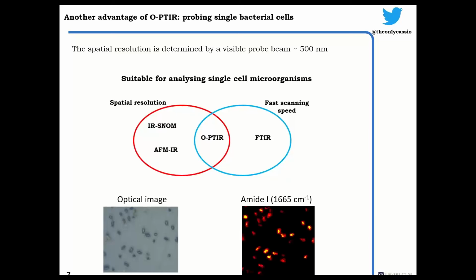Obviously, before OPTIR, we could use IR SNOM and AFM-IR to get infrared signatures from bacteria, but they're a little bit time consuming. So basically OPTIR combines the best of the two worlds. We have crazy resolution to see single bacterial cells, and it is quite quick. This image takes about 10 minutes to collect as a single frequency image.